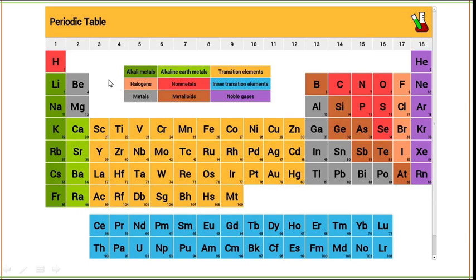The main thing is beryllium is a group 2 element, but it is not considered an alkaline earth metal. And in group 1, hydrogen is written, but hydrogen is a notorious element and its position is not fixed yet. That's why you will not conclude hydrogen as a group 1 element.